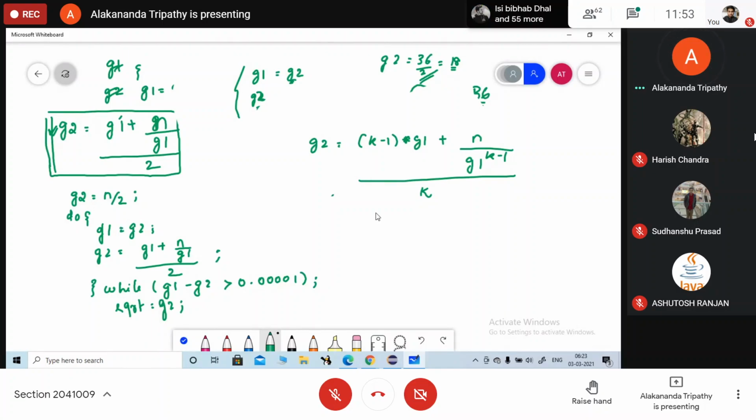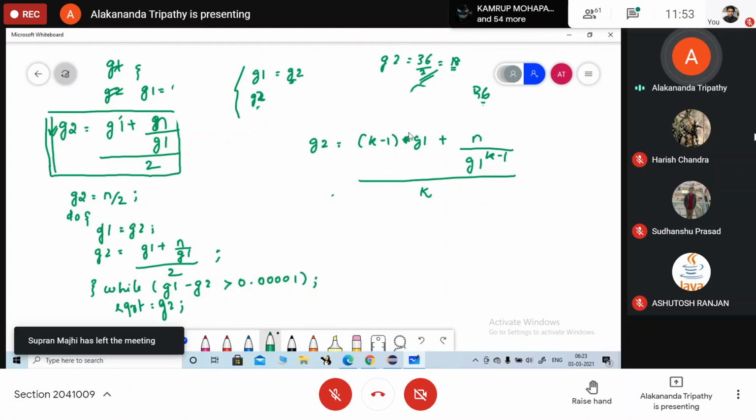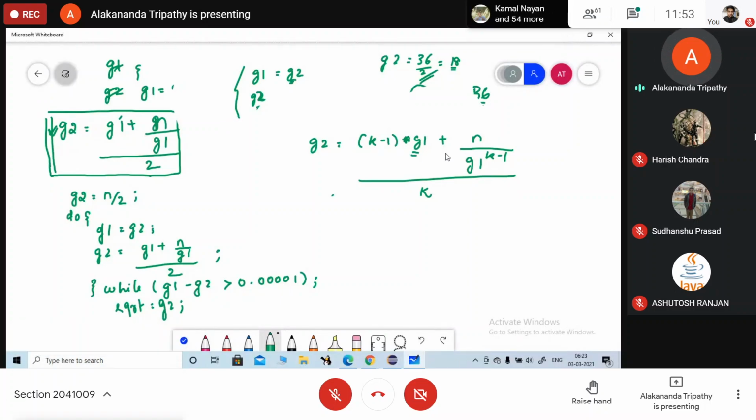For the square root, what happened here? 2 minus 1 is 1, so G1 plus n by G1, divided by 2. As it is a kth root, we need to write this code.